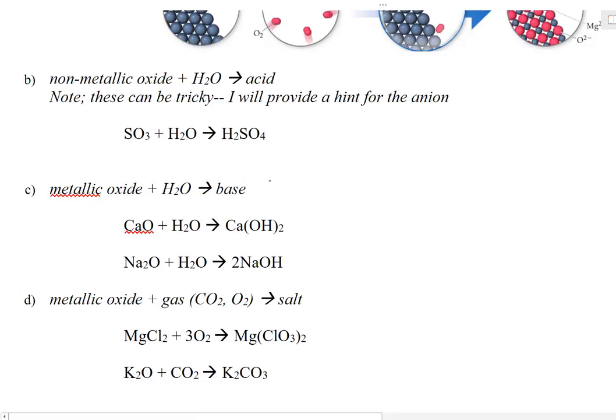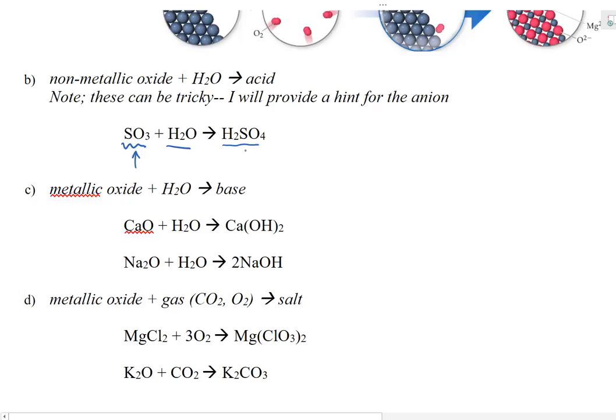Now B and C refer to acids and bases, and it's the opposite to the decompositions that we were looking at before. When we decomposed an acid, we produced a non-metallic oxide and water. So if we go the opposite way, if we start with a non-metallic oxide and we add it to water, it will produce an acid.